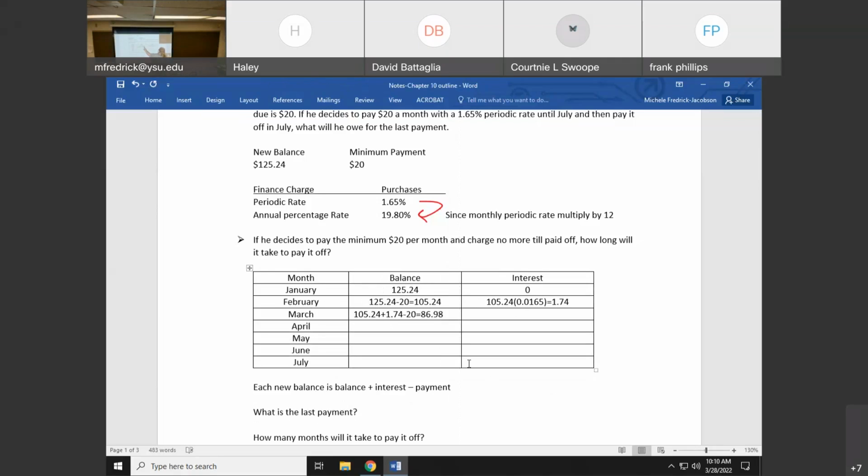I took the balance from the month before plus the interest, because if you wanted to pay it off, you'd have to pay the balance and the interest, and then you wouldn't be charged any more interest.